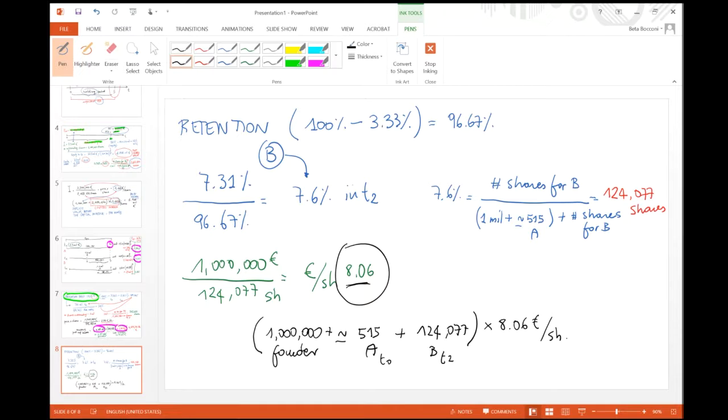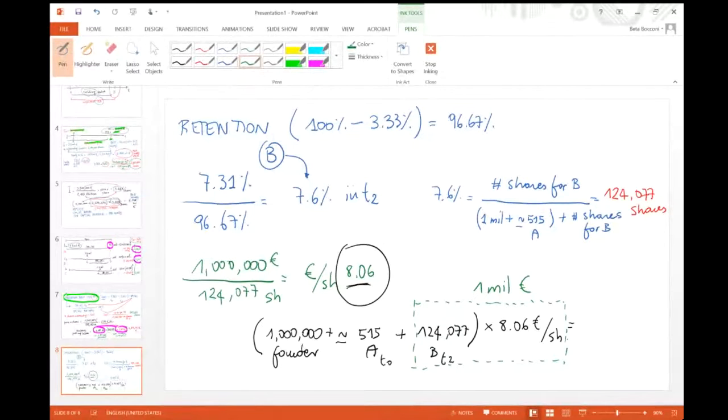Again, what you can get out of this formula is that this value here represents the capital injection in year number 2, or the 1 million.